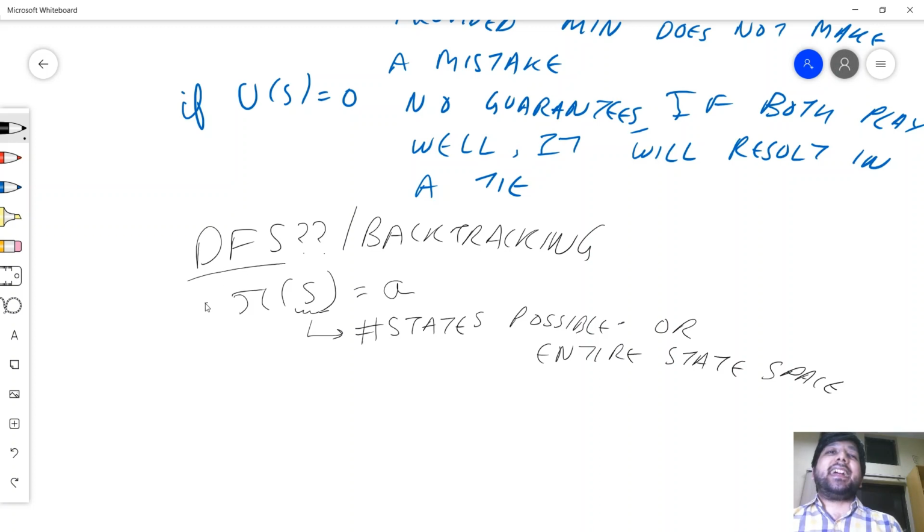And then you say that you use depth first search because you cannot store the entire state space. Are these two things contradictory? Most famous question that I get.